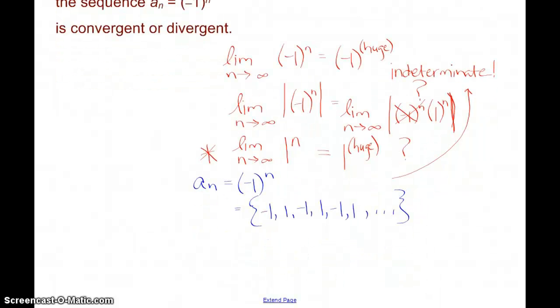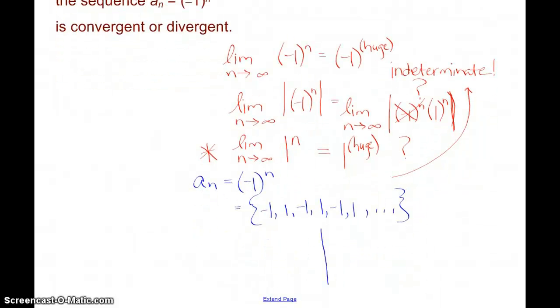The terms for this sequence, if we wanted to put them in the n and a sub n plane. There's n equal 1, 2, 3, 4. There's a sub n equal negative 1 and 1. For n equal 1, there's our first term.